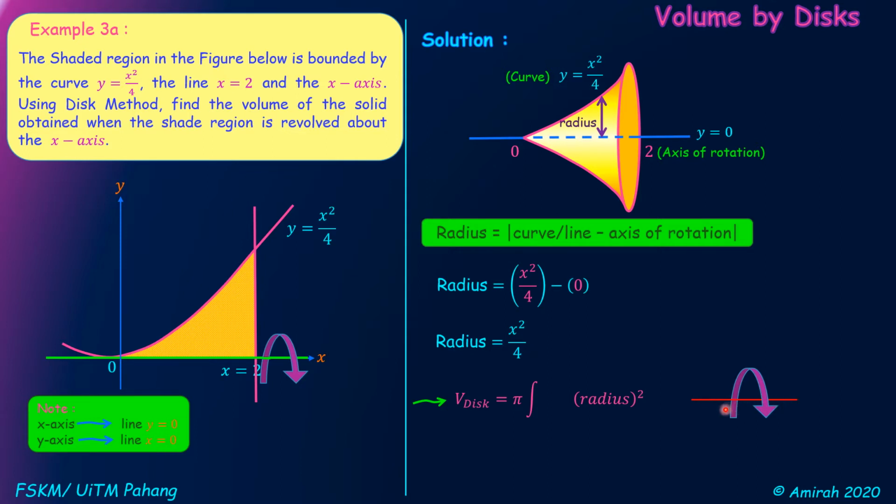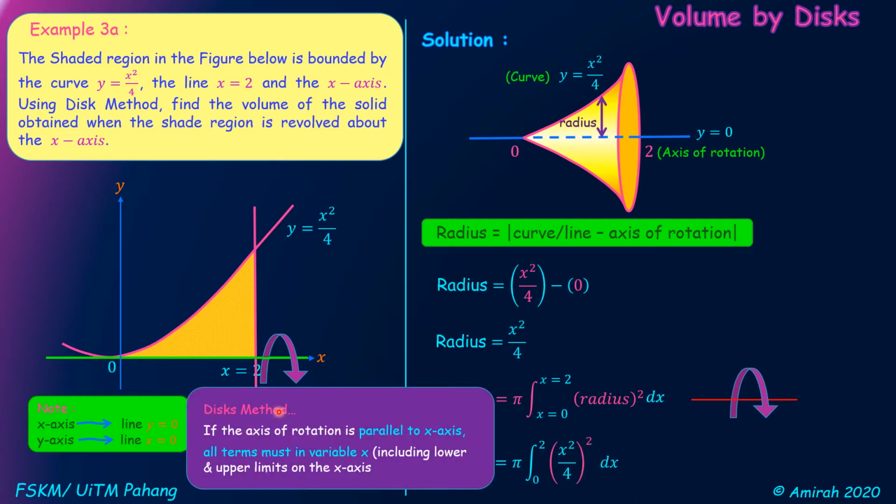When the axis of rotation is a horizontal line, we need to integrate with respect to x, so we use limits on the x-axis: our lower limit x equals 0 and our upper limit x equals 2. So we have pi times the integral from 0 to 2 of radius, x squared over 4, and we still have the square.